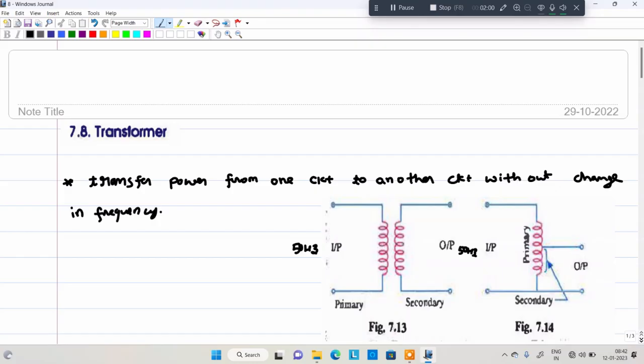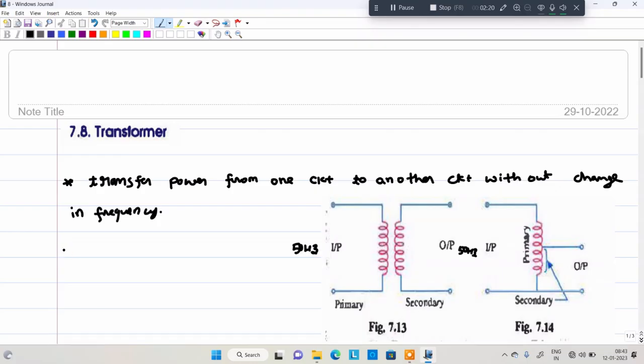So in this particular case, power is constant from one circuit to another circuit. If it is ideal, frequency is constant. Only the voltage level can be changed from primary to secondary, step up or step down, or the current level, step up or step down, but it won't change the power, it won't change the frequency.